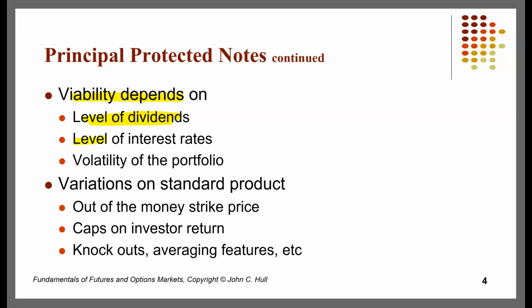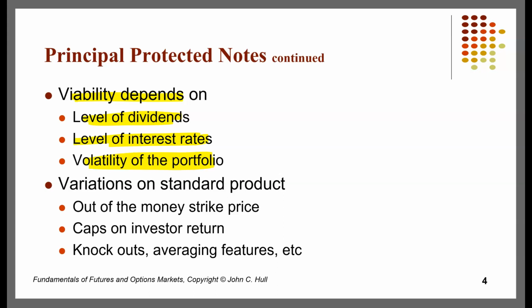It also depends on the level of interest rates, which dictates what the present value of your bond investment looks like. And it depends on the volatility of the portfolio, because you want the portfolio to move enough so that the call option becomes in the money and can be exercised.